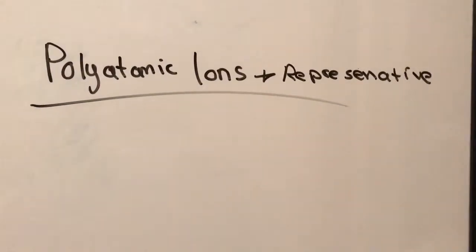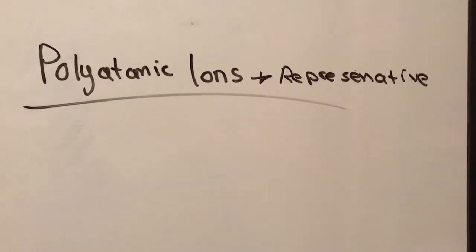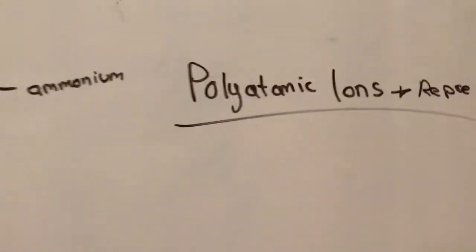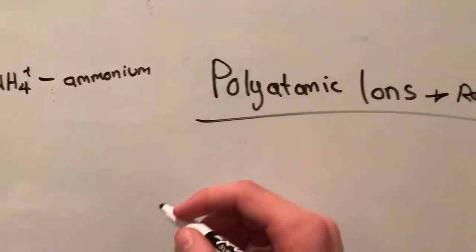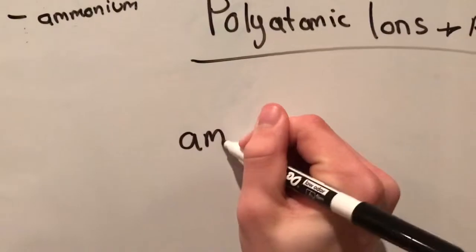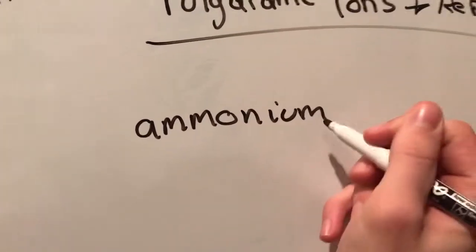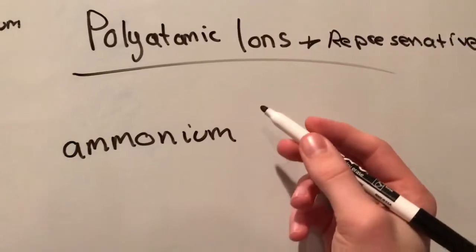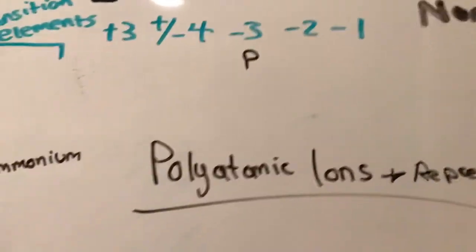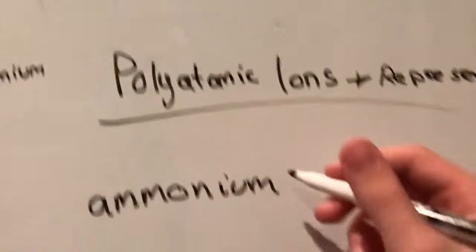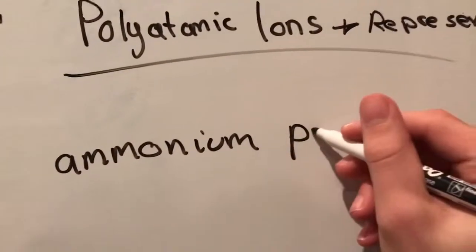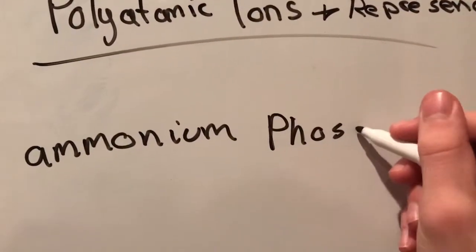Now I will show you how to bond with polyatomic ions in a representative element. The polyatomic ion I chose was ammonium. And then when you bond it with a polyatomic ion, the representative element I chose was phosphate, or phosphorus before you change the "ine."